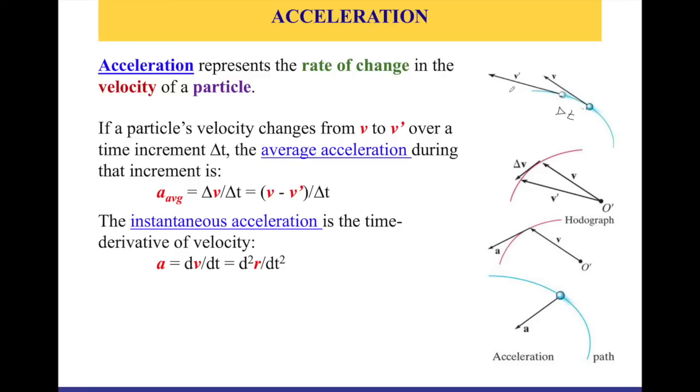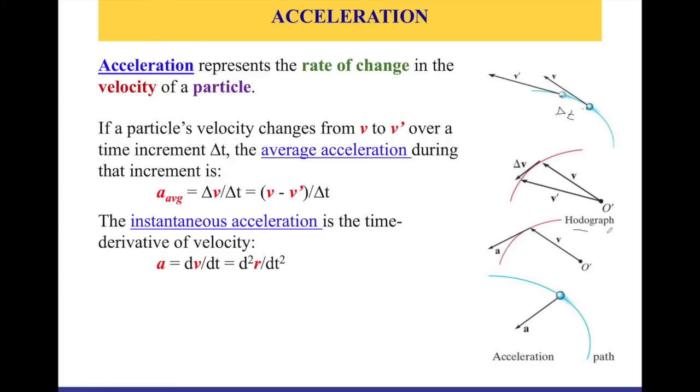To find the acceleration, which is the rate of change of the velocity, we take the two vectors and move them so that they start from the same point. So I will create another origin, O bar, and then draw the initial velocity vector and the final velocity vector, and then we will have the delta v.